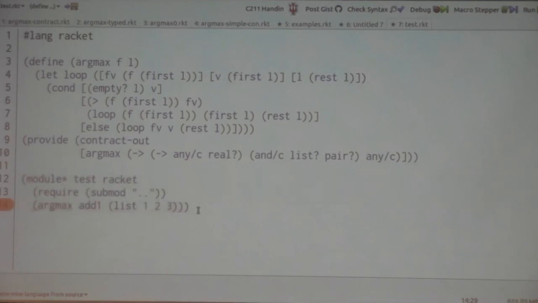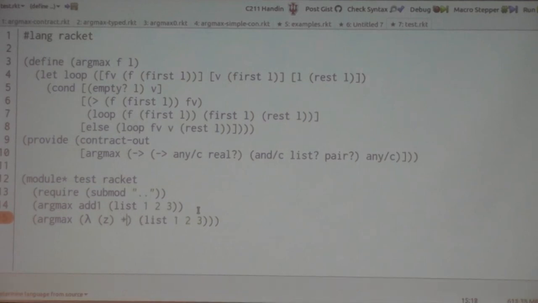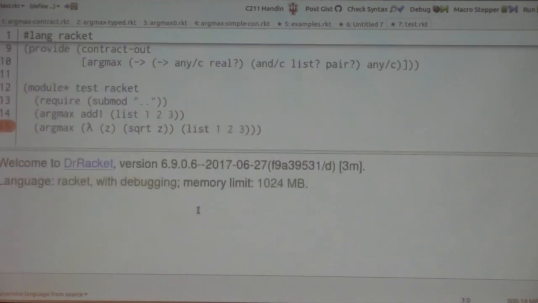And this one passes. So there we have an interesting program.